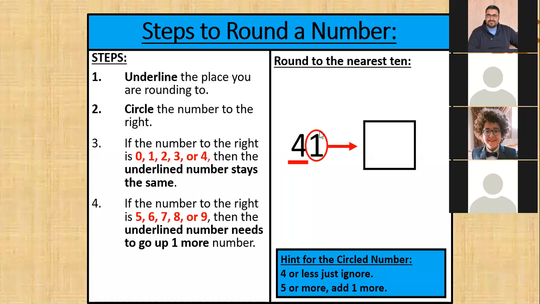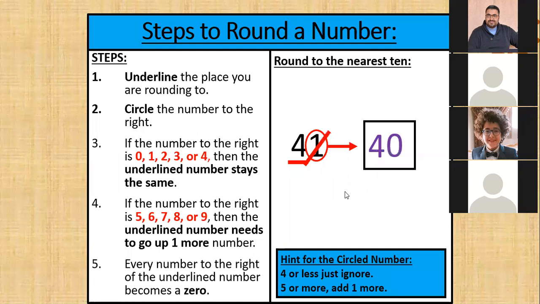So we can't add 1 to 4. We will write 4 here. And the last step, cancel 1 and write 0. Like that. Okay.